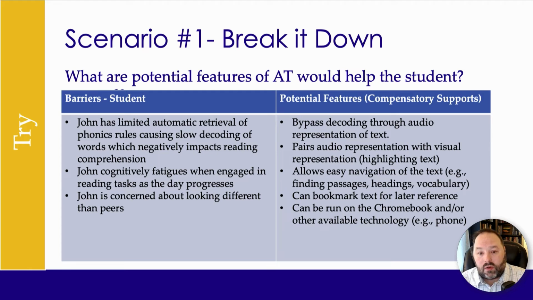We're also, based on data that we have, identifying that if that audio representation is paired with visual representation, kind of like highlighting the text as it reads, that could also be a potentially good feature.